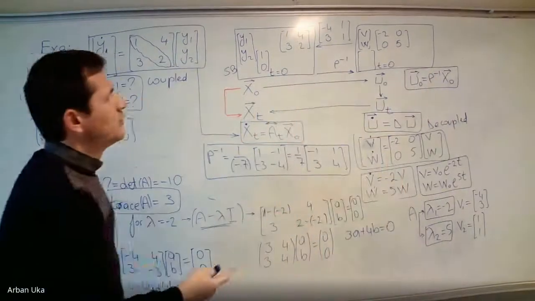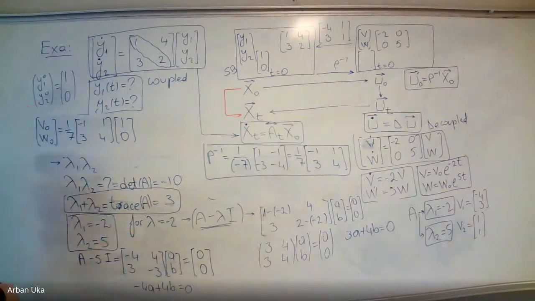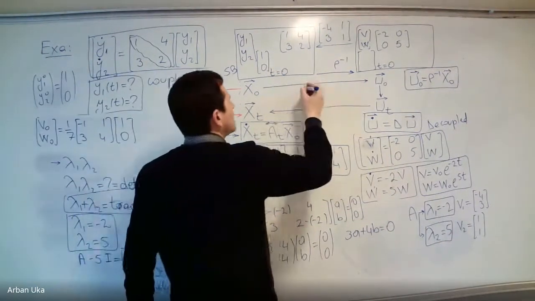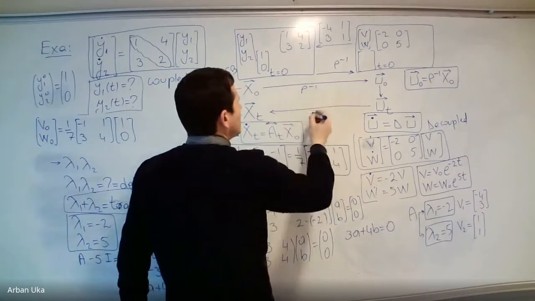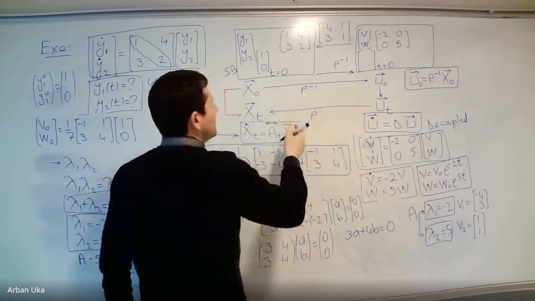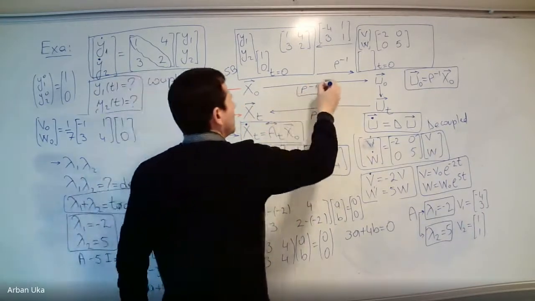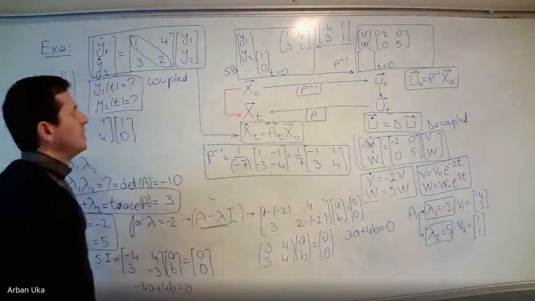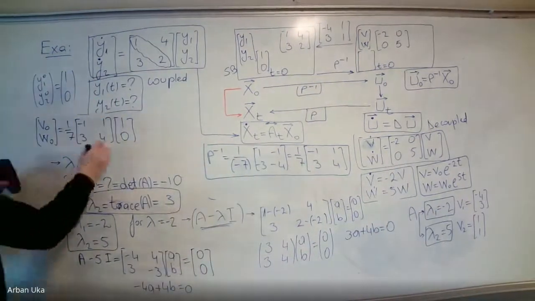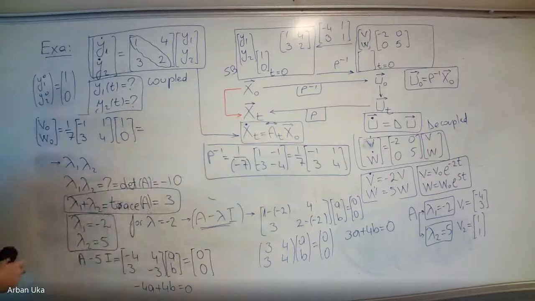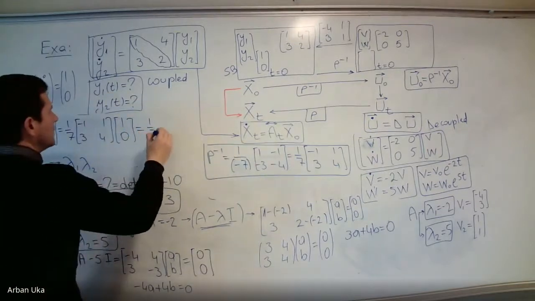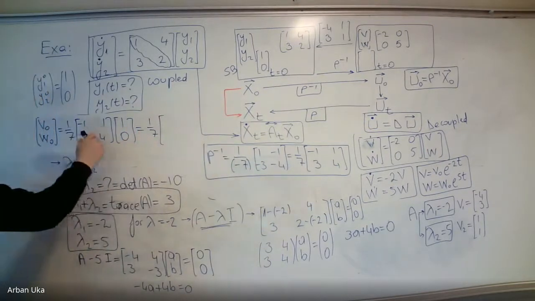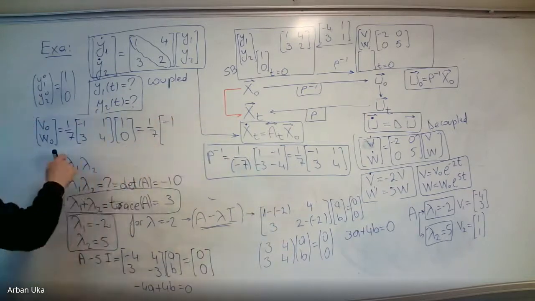This is how we do the linear transformation, actually we can draw it right here. So this is P inverse, and then we come back this way by P. So what is this? This is equal to 1/7 times minus 1, and then 3.